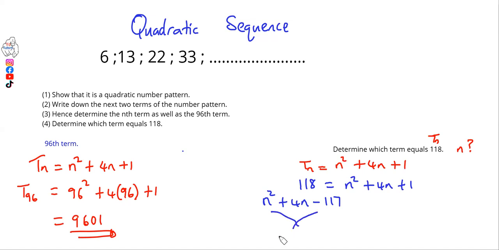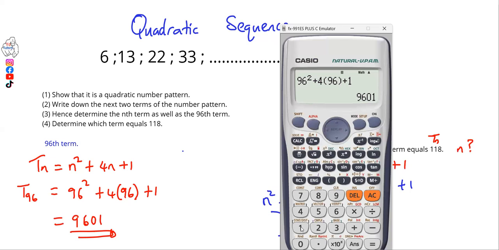Now when we have this, we need to look for factors that, if we multiply them, we get negative 117 n squared, and if we add them, they give us plus 4n. If we multiply them, they give us 117. Let's try to do this here. 117, then you say shift fact. What do we have?